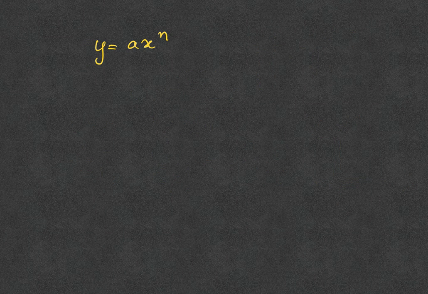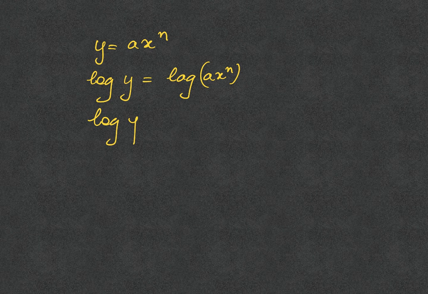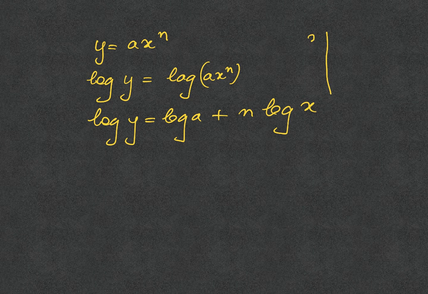Now let's look at the power rule. Y equals a x to the power of n. I apply the logarithm again because I don't want the exponents. So log y equals log a x to the power of n, which gives log y equals log a plus n log x. Now the new y will be log y, and the new x will be log x.